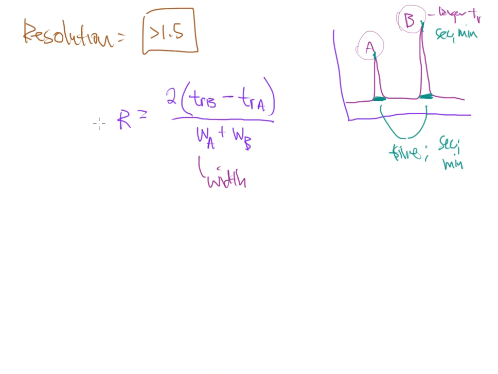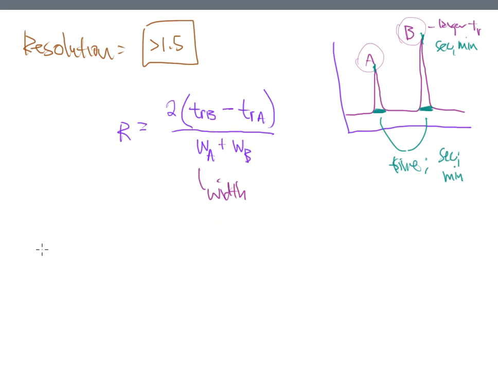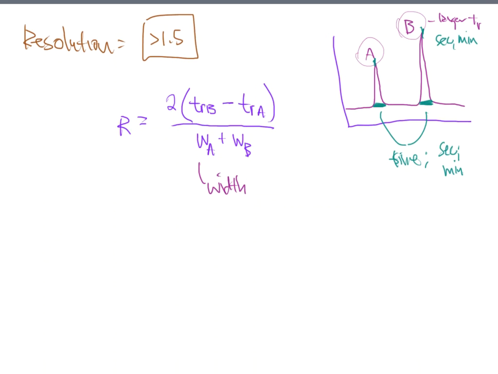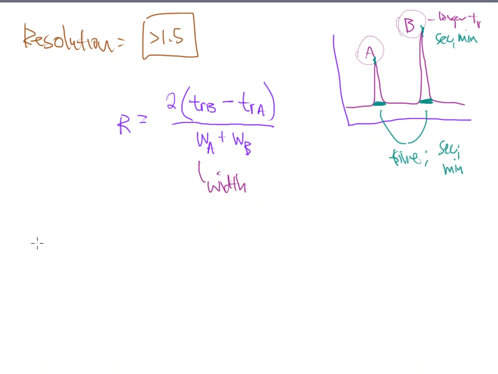Now, we've talked about how to increase resolution in the past video, and the very last one that you've noticed with me listing was this thing called lengthening the column. Make the column bigger, right? So if we increase the column length, then we should be able to increase resolution.